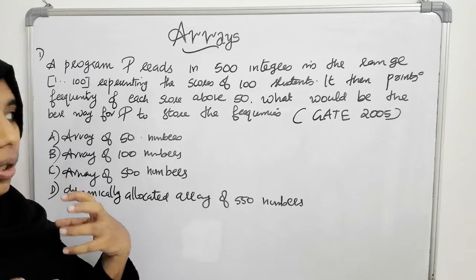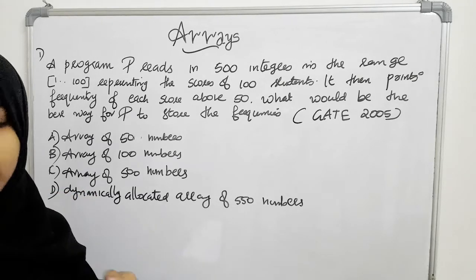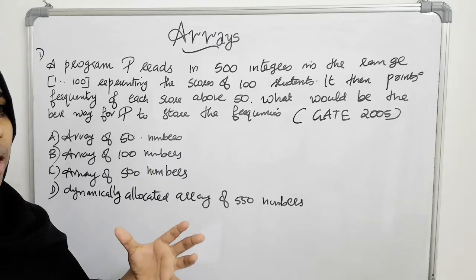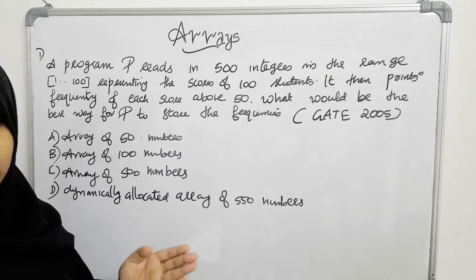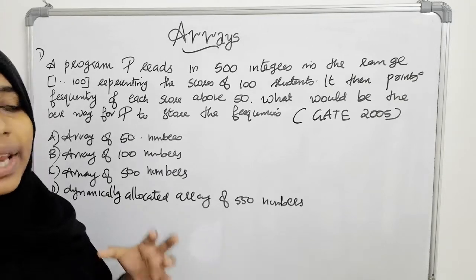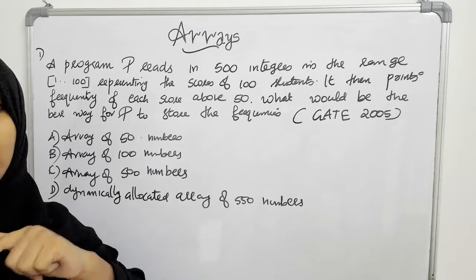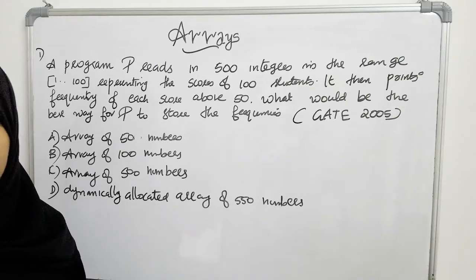The program is reading 500 integers, meaning that there are 500 students and they are given marks out of 100. So the marks can range from 1 to 100, and the program P is supposed to store the marks above 50 with corresponding frequencies.